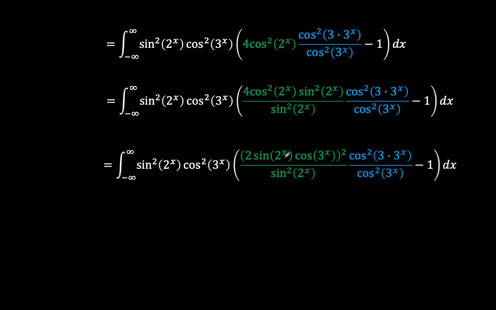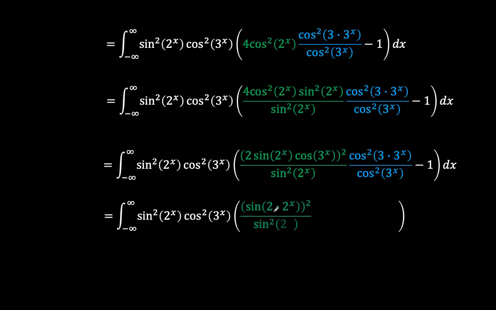So we can keep the denominator as it is, and the numerator can now be simplified as sine of 2 times 2 to the power x, all squared, and the denominator just remains like that.